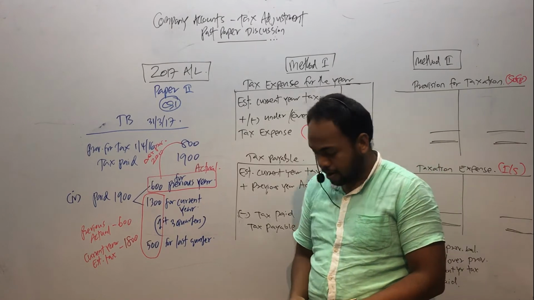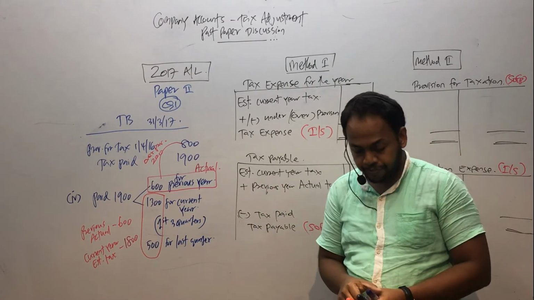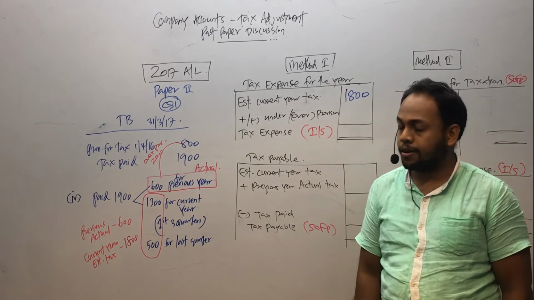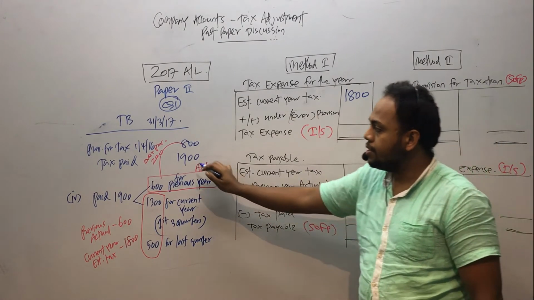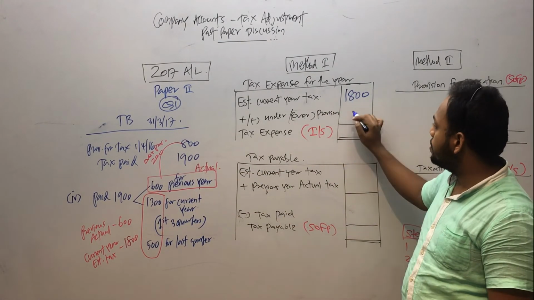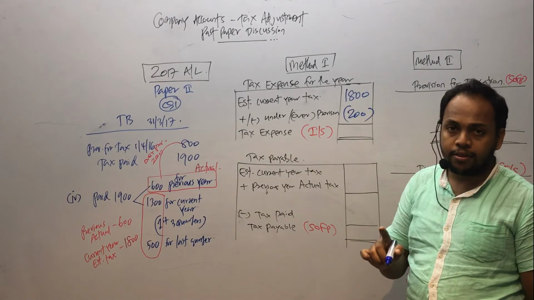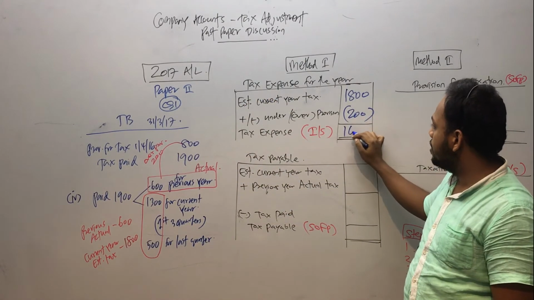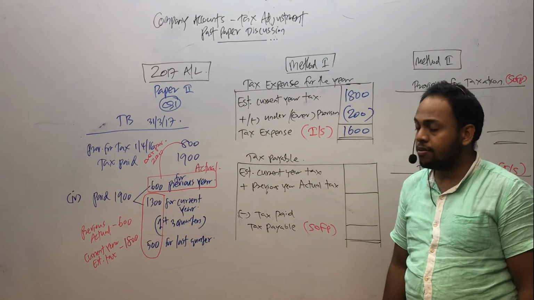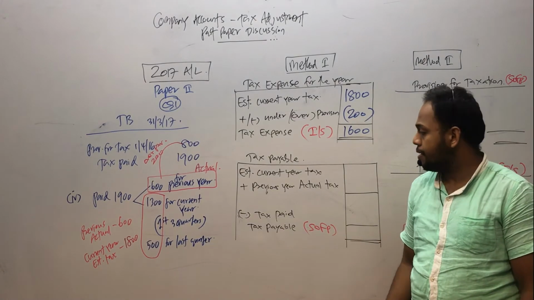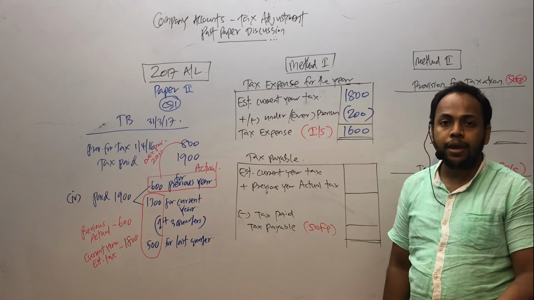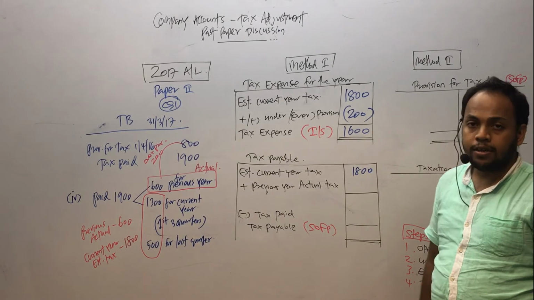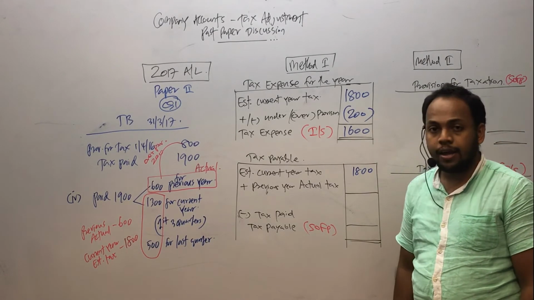Right. So let's start method 1. Estimated current year tax is 1800. Take 1800. Then under or over provision: it's an over provision of 200. This year's tax expense is 1800, but last year we provided more, so that should be deducted. Then tax expense for this year is 1,600. Then how do you calculate the tax payable? Total tax for the current year, paid and estimated, 1,800.